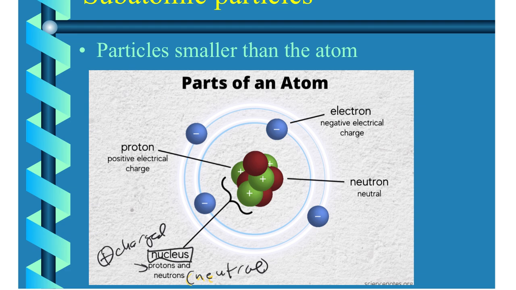The atomic nucleus, or the nucleus of an atom, consists of protons and neutrons smushed together. Then outside, far away, are orbiting electrons, which are negatively charged.